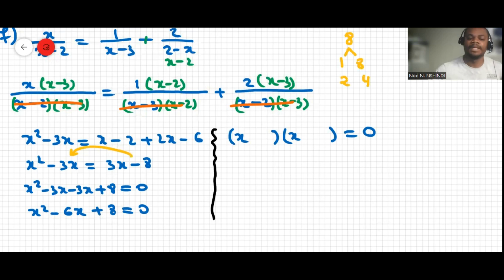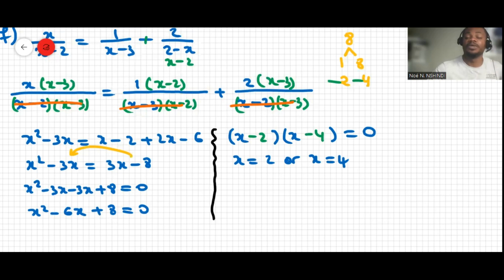Now, if we need to get negative 6, it's possible only by doing negative 2 and negative 4. So x is equal to 2 or x equal to 4. So that's the solution.